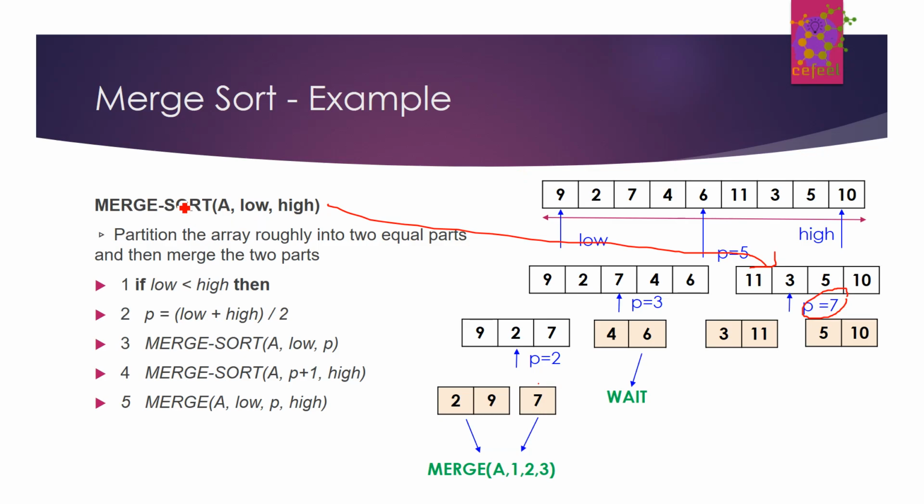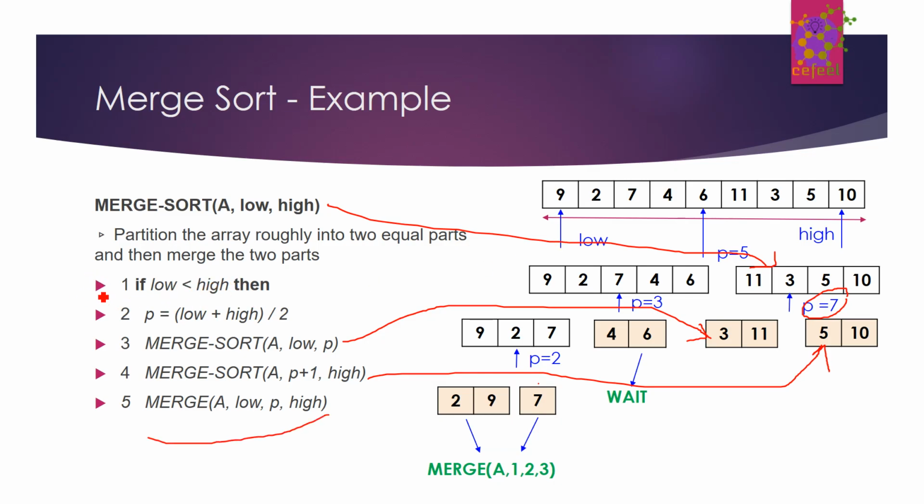So this is the call. We have merge a low p, which is 3 and 11 returned, and a p plus 1 high, which is 5 and 10. And then what we do is we have to do the merge call with a low p high, which is merge a 6, 7, 9. So essentially we have to merge these arrays of size 2 into the array of size 4 that is remaining.